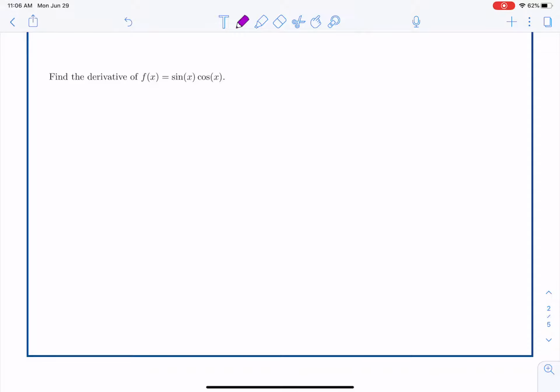So f of x here is sine x times cosine x, and if we set u as sine x and v as cosine x, u prime would be cosine x, v prime would be negative sine x, and f prime of x would be u v prime plus v u prime.